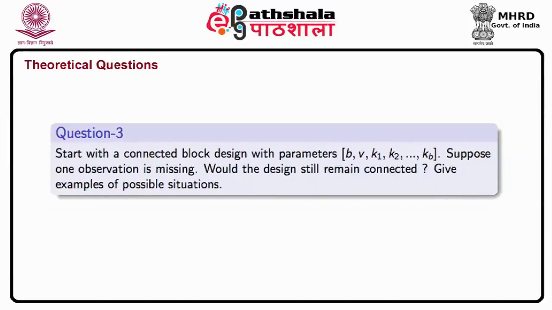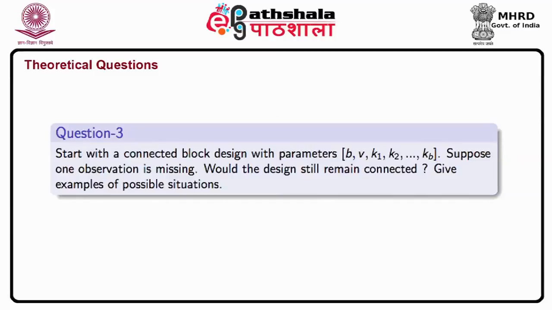Question number 3. Start with a connected block design with parameters B, V, K1, K2, ..., KB. That is again very interesting. You know how many blocks are there. You know the block sizes. You know how many treatments you can accommodate to have a connected block design. And you already have a connected block design with you. Suppose one observation is missing from somewhere.